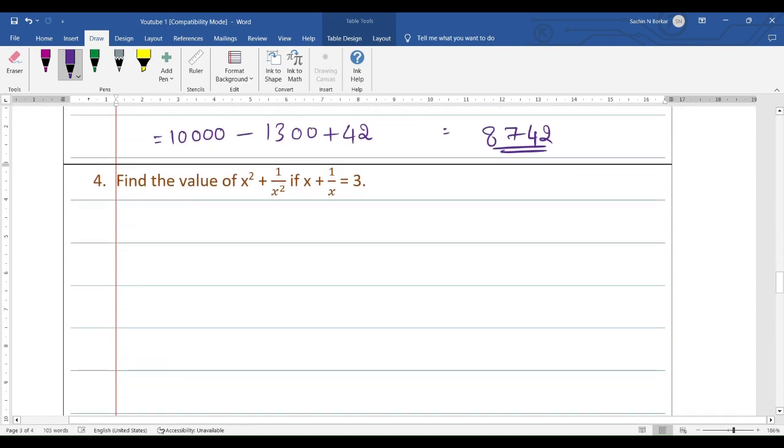I'll read the next question. Find the value of x square plus 1 by x square if x plus 1 by x is 3.